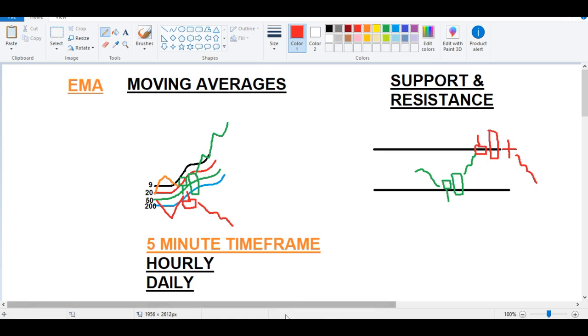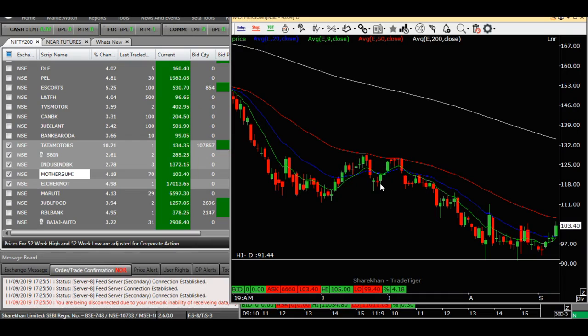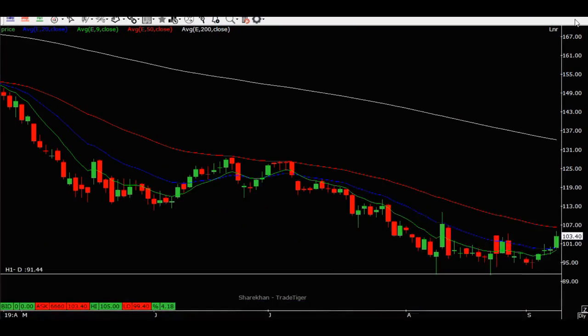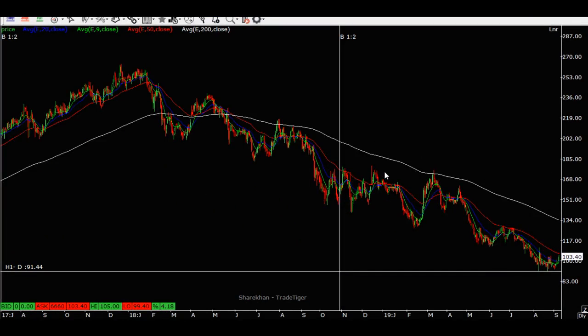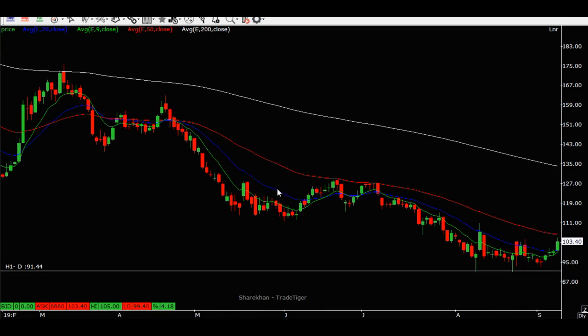Okay, so let's quickly go to the charts. Right, so as you can see here, this green line is the 9 EMA, this blue line is the 20, red line is the 50 EMA, and the white line is the 200 EMA, right? So one is a fast one, one is a medium one, one is a kind of a slow one, and this is a very super slow one.